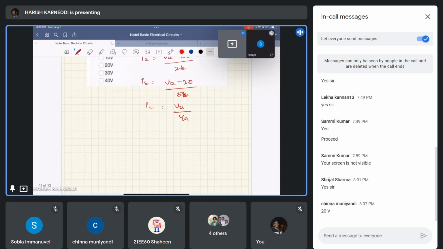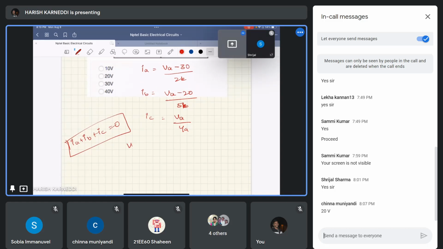The KCL equation is IA plus IB plus IC equal to 0. So VA minus 30 by 2K plus VA minus 20 by 5K plus VA by 4K equal to 0.